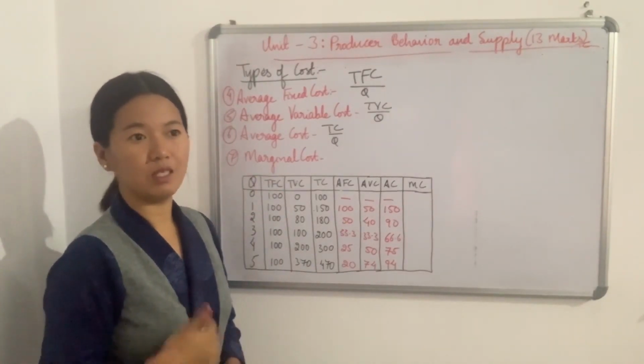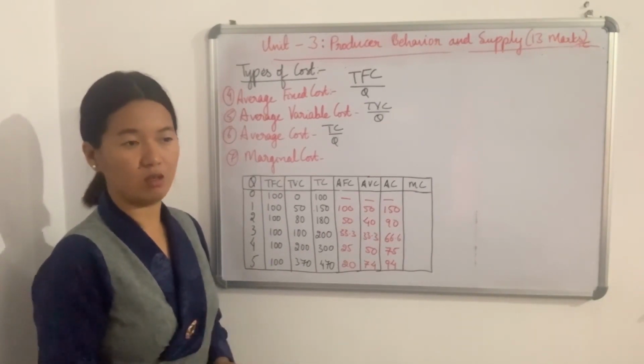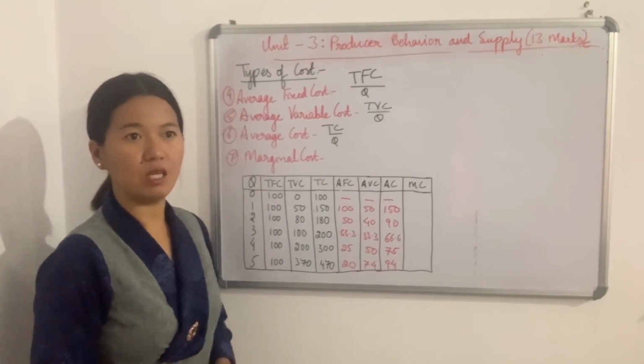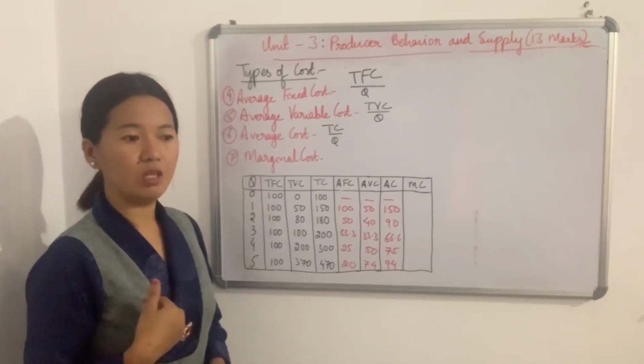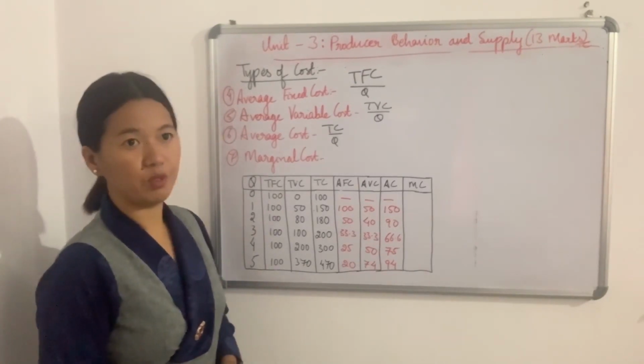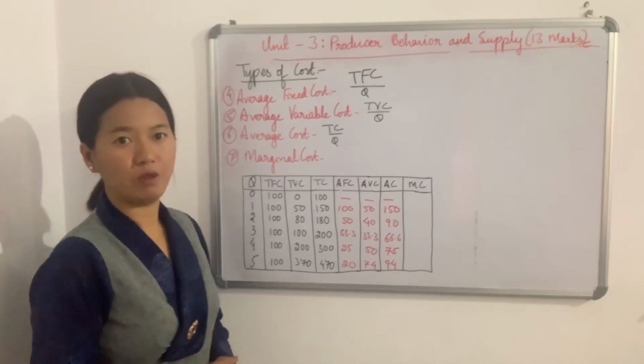And the last is marginal cost. We have learned in the earlier session that marginal refers to the change or additional. So marginal cost refers to the additional cost incurred due to an additional unit of output. So for marginal cost, we have to deduct the previous total cost from the next one.